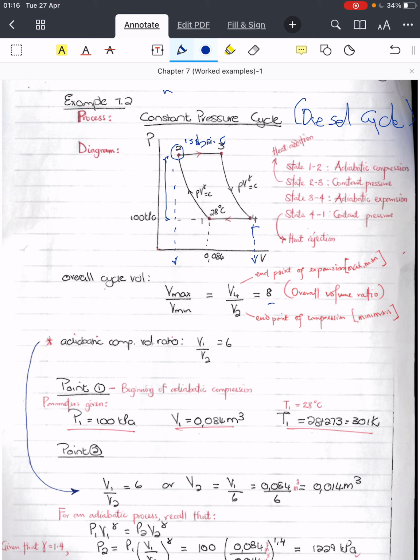We talked about this in the previous calculation: always watch out for parallel processes.